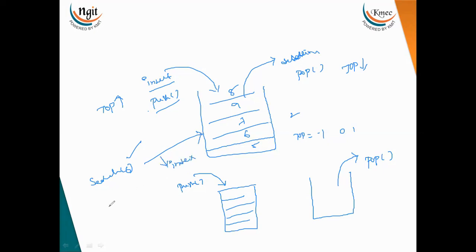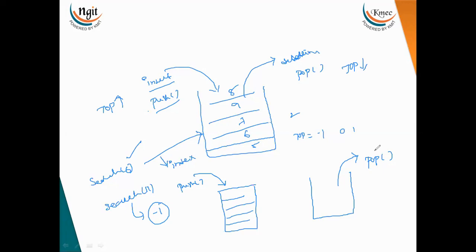For example, sir, let's say I want to search 11. 11 actually does not exist in the stack. So whenever the element is not found, it returns -1, in the sense that the particular element is not available in the stack, right? These are all the different methods which we can use on the stack, and we can perform different operations.